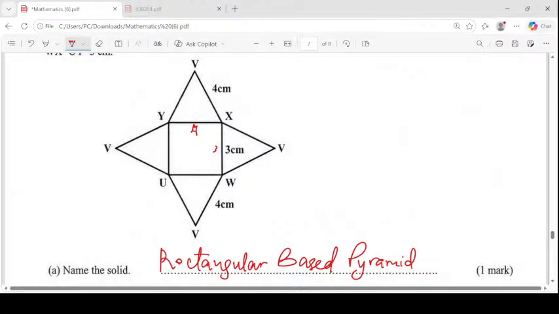The distance V to X through U means we must pass via U. So this should be joined.